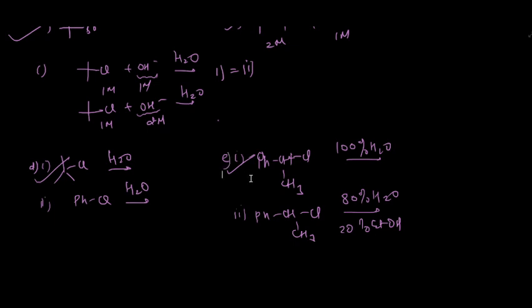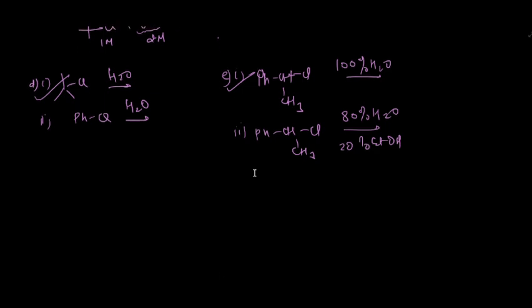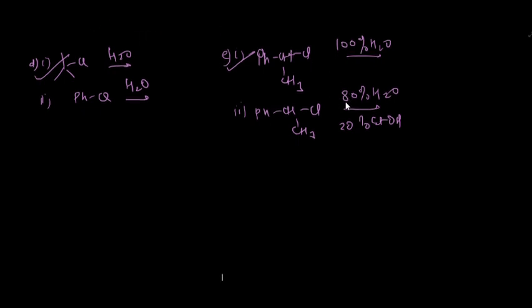It is 100% water, and because 100% water is polar, it is affected by solvation. We have seen the solvation effect, right? So the 100% product will be alcohol. In the second case it could be alcohol also, and it could be ether also. But the rate of reaction will be more when we get the single compound, alcohol.